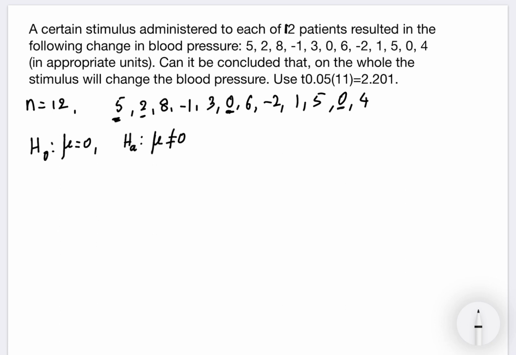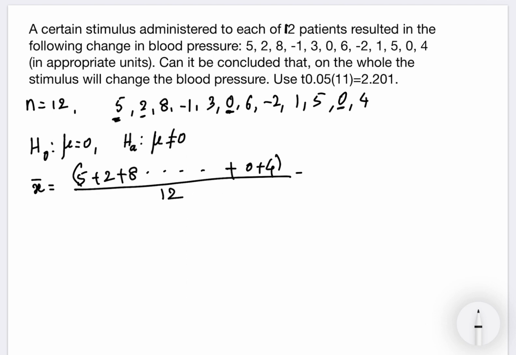So from the available data we can find the x bar, which is 5 plus 2 plus 8 and so on plus 0 plus 4, divided by 12, and it is found to be 2.58.